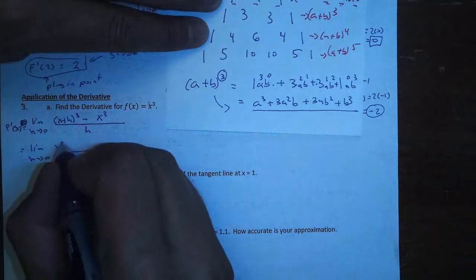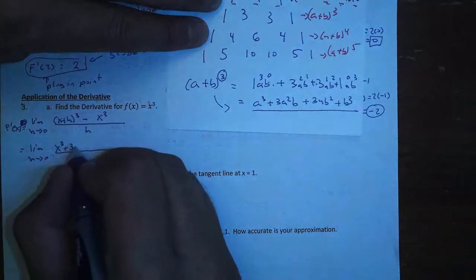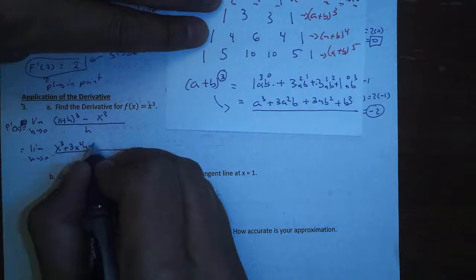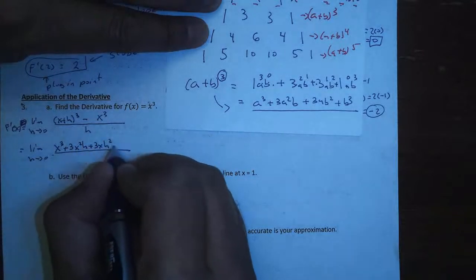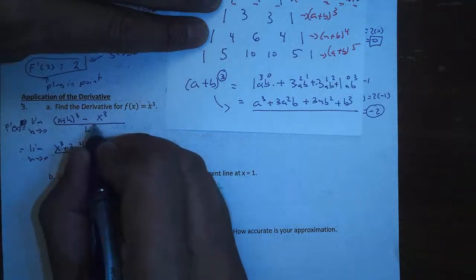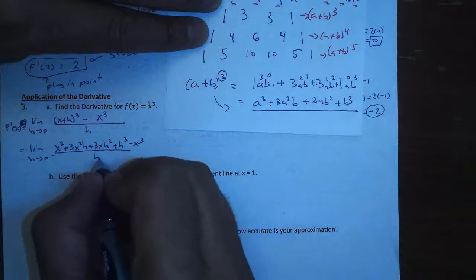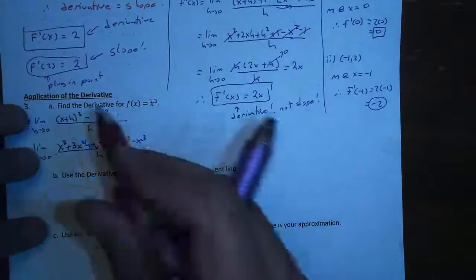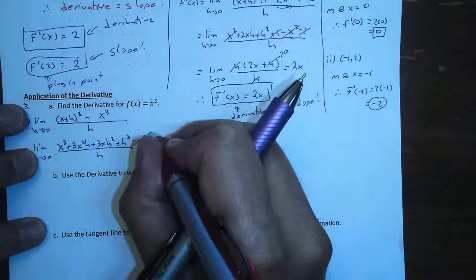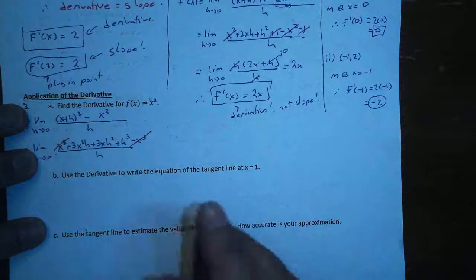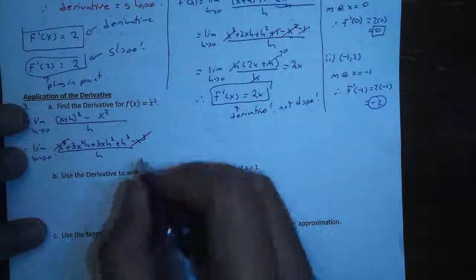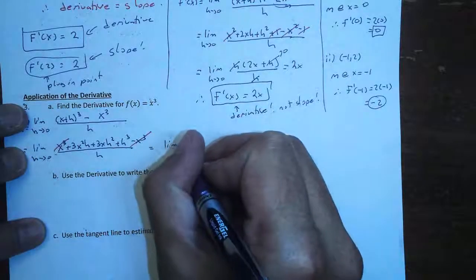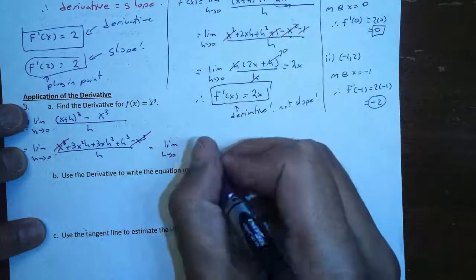So we would get x cubed plus 3x squared h plus 3x h squared plus h cubed, and then minus your original function, x cubed, over h. You get really good at this. Again, anything that does not have an h in it cancels, and everything that is left has an h, so I can factor out that h. So I would get the limit as h goes to 0.